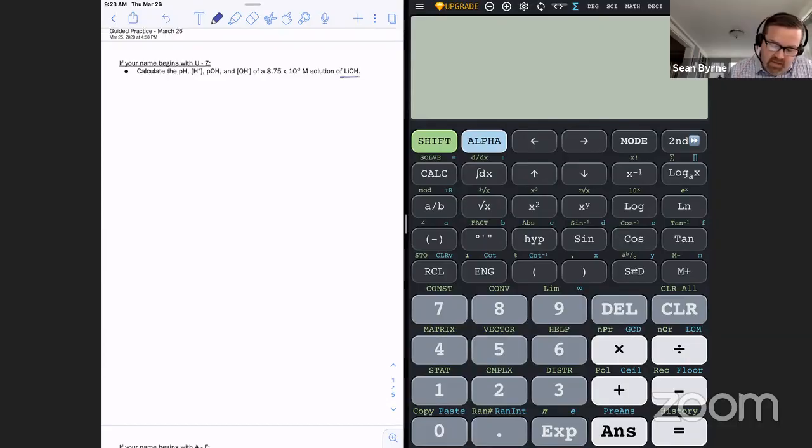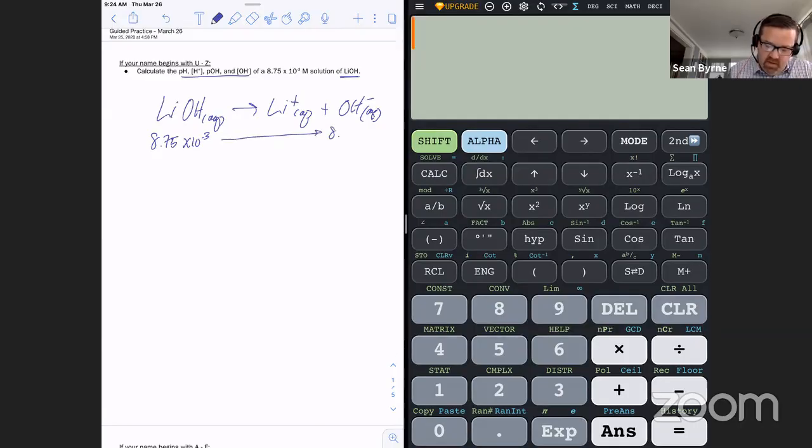So we're looking at lithium hydroxide, and we're being asked to find the same 4 quantities that we have done before. So I'm going to start by writing an equation. And I'm going to recognize that if I have 8.75 times 10 to the minus 3rd molar concentration of LiOH, that gives me 8.75 times 10 to the minus 3rd molar concentration of hydroxides.